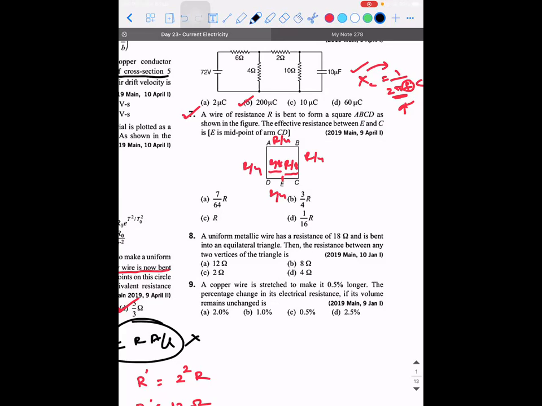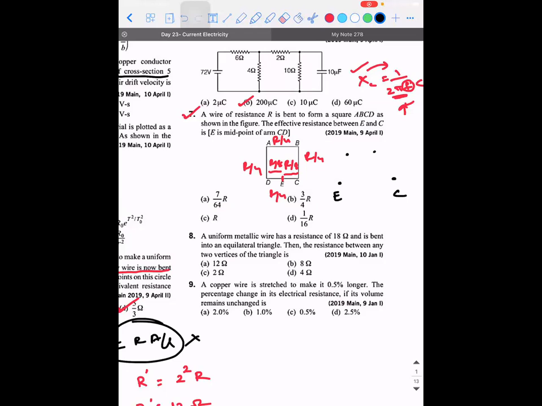Now, if I redraw the circuit, E and C, there is a point D and there is a point A and there is a point B also in between.